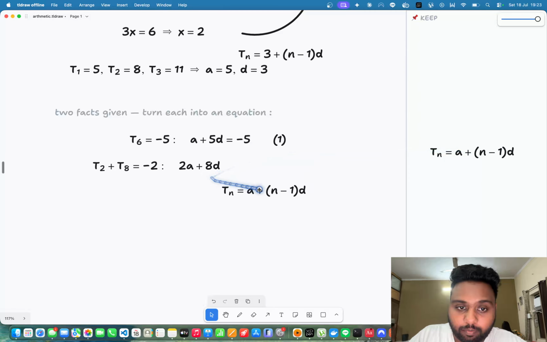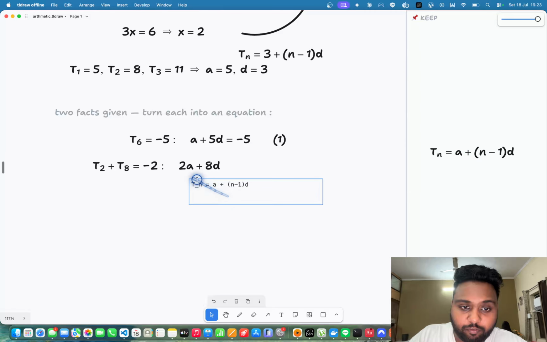If we put t of 2, it's going to be a plus (2 minus 1), which is just 1, a plus d.